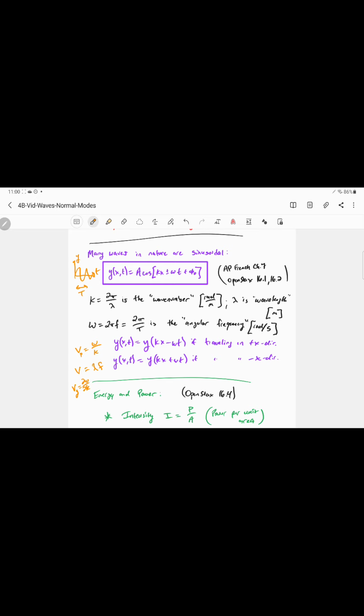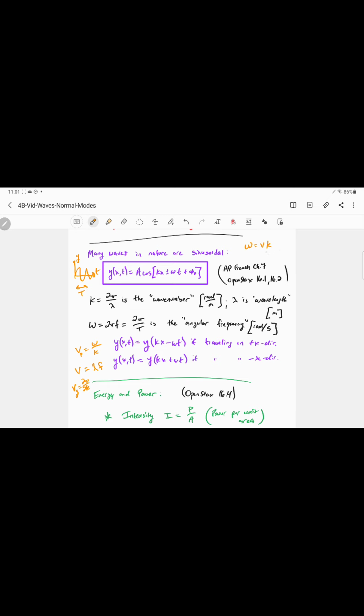Here, in the case of sinusoidal waves, omega is equal to a constant wave speed times k. So omega is proportional to k. But you have other waves where omega is proportional to k squared or square root of k or something, in which case omega divided by k and the derivative of omega with respect to k are not the same thing.